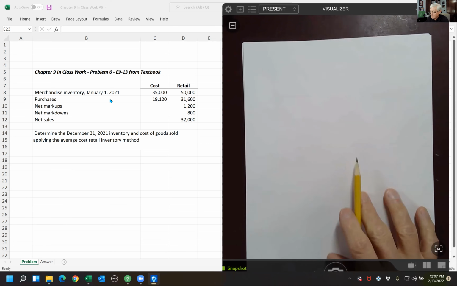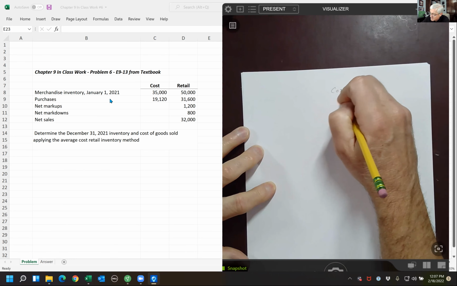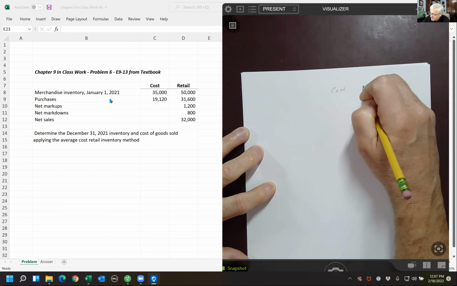Okay, let's start with our cost versus our retail columns. And we're going to calculate our available for sale. So beginning inventory. On the cost side, 35,000. I'm just picking this right up off the data that we know.